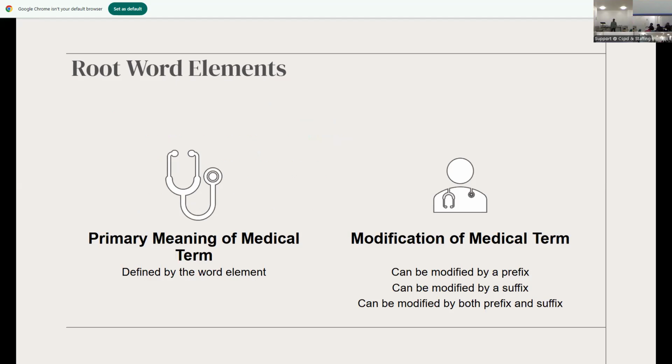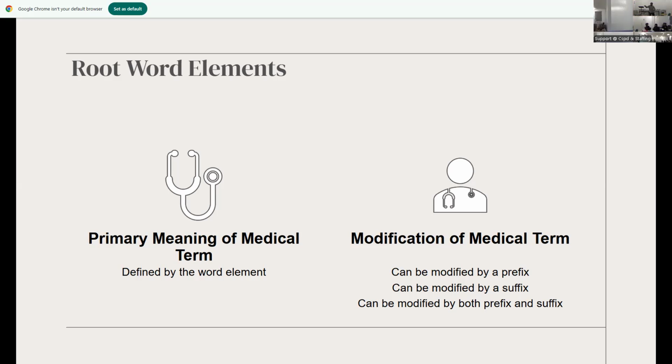Root words. Root word element is primarily the meaning of the medical term. The root is the meaning of the medical term. By definition, the word element. Now, modification of medical terminologies: they are modified by either the prefix or the suffix.